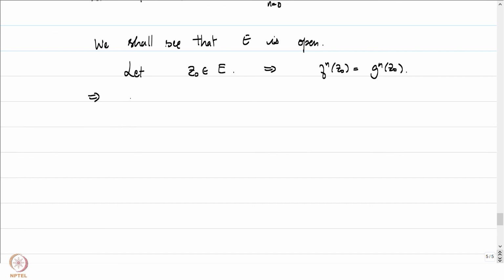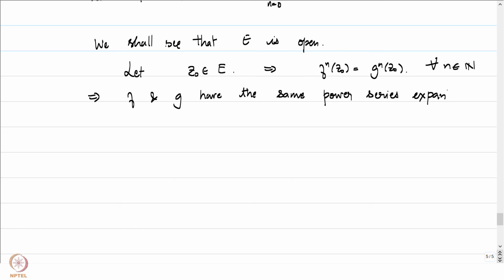So, this implies that f and g have the same power series expansion. This is for all n in natural numbers. That's what forces the power series expansions to coincide in the disk D(z0, r), where the closed disk is contained in omega.